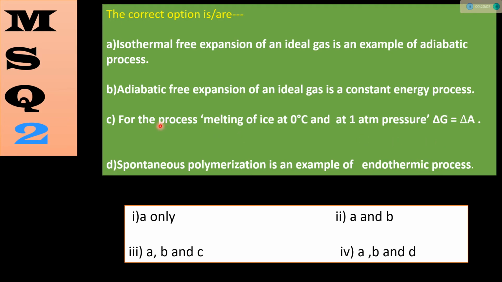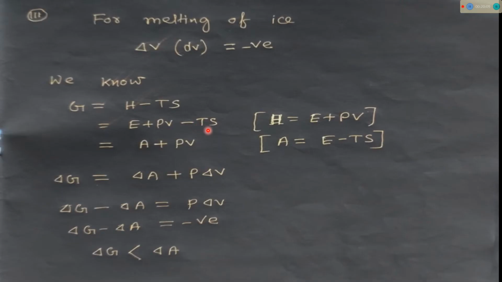सो हम लोगों ने ये जस्टिफाई कर लिया via इक्वेशंस. So for melting of ice, del V is negative. We all know this thermodynamic equation: G is equal to H minus TS. We all know H is equal to E plus PV. We can write E plus PV minus TS. We all know Helmholtz free energy is equal to E minus TS. So E minus TS becomes A plus PV.